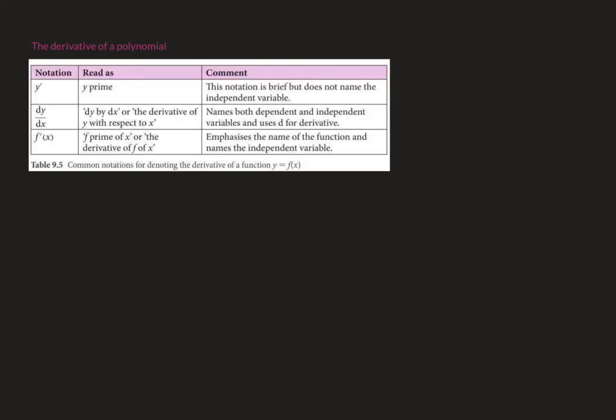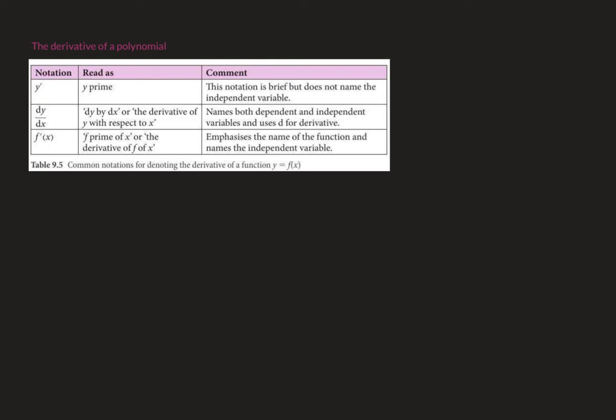Before we do our first example, I want to point out something about notation. We have already introduced 2 ways to note the derivative. One is using the full name of the function, f of x with the dash, so f dash of x. This one emphasizes the name of the function and the name of the independent variable, just an extra detail so that we know that the rate of change is done with respect to x.